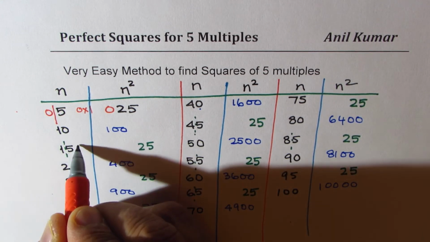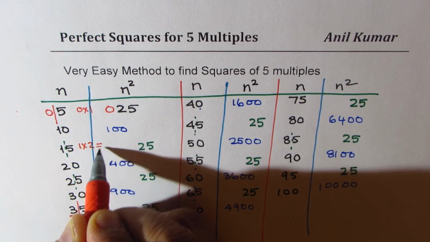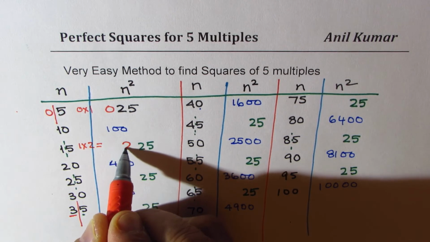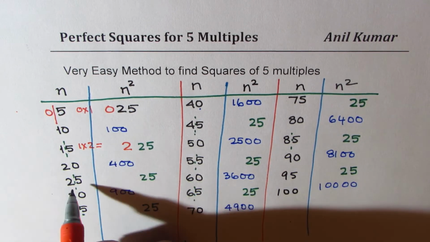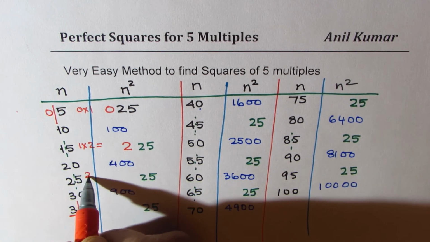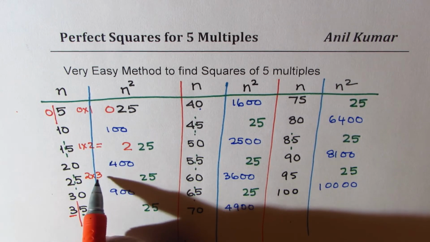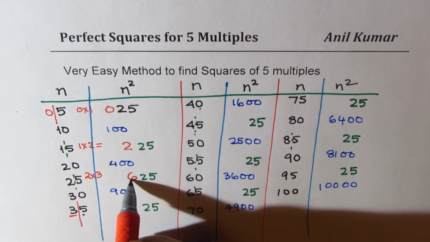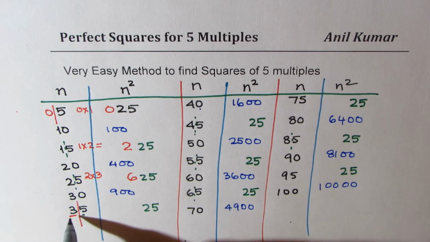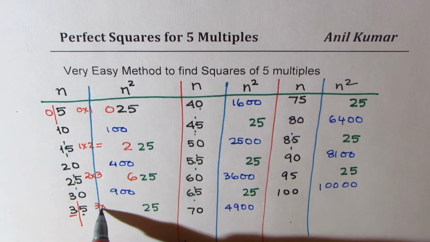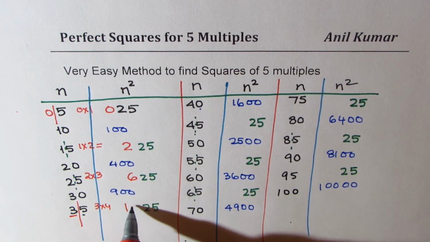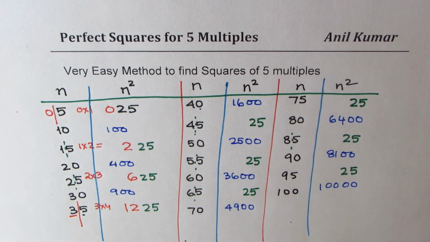Now this is 1. So what is 1 times 2? 1 times 2 is 2. So we get 225. Now here it is 2, so we'll do 2 times 3, which is 6. So we get 625 here. Now this number is 3. We'll do 3 times 4, which is 12. So we get 1225.